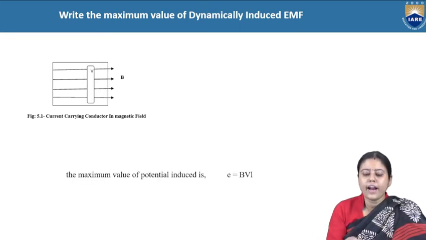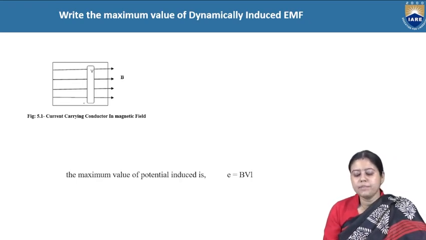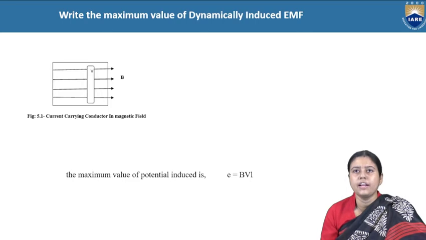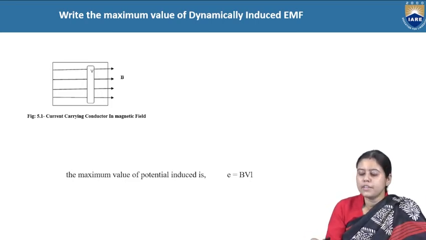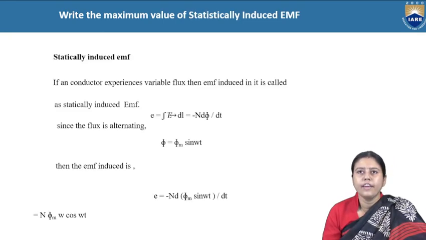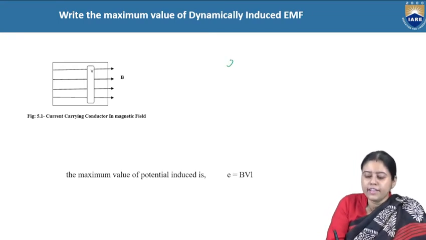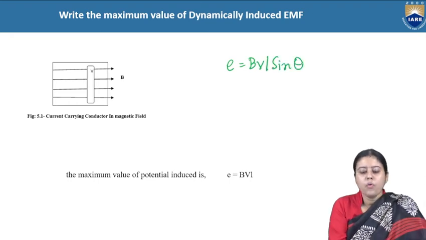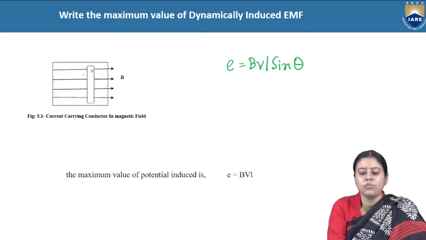So when current is flowing, it will induce some flux, and the maximum value of the potential induced in it is equal to, we know what is the maximum value? E is equal to BVL sin theta.